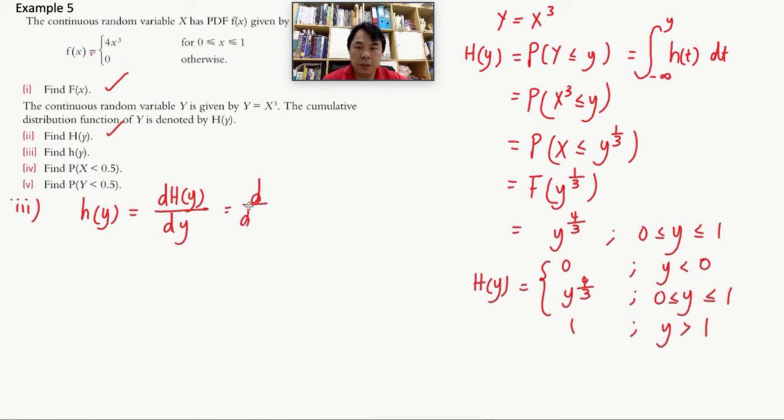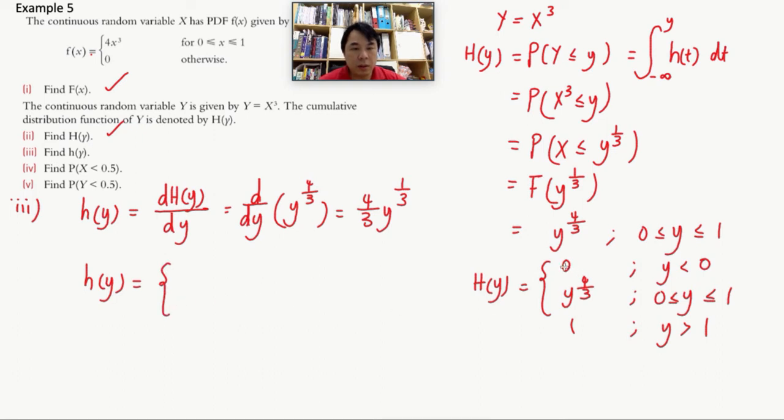That would be the same as differentiating y to the power of 4 over 3, and that would yield 4 over 3 y to the power of 1 over 3. Now there you have it. That is our density function. Again, don't forget, you have to give a full description of your density function.